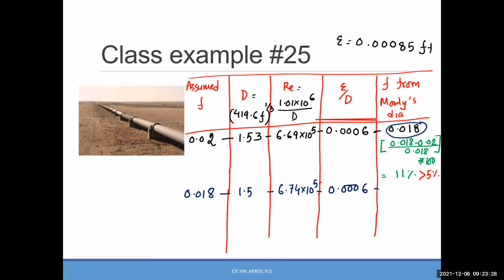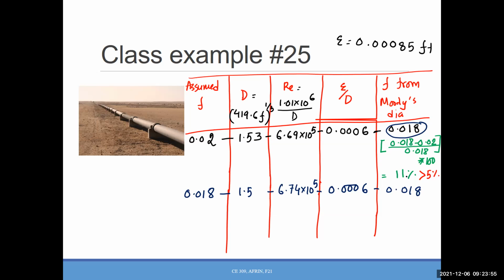I got 0.018. So I'm using that one. But if you get something else like 0.017, 0.016, check that again. For the second time, if you still get that, keep that and find the percent of error. And if it's more than 5%, just do one more trial. Usually the percentage should decrease.